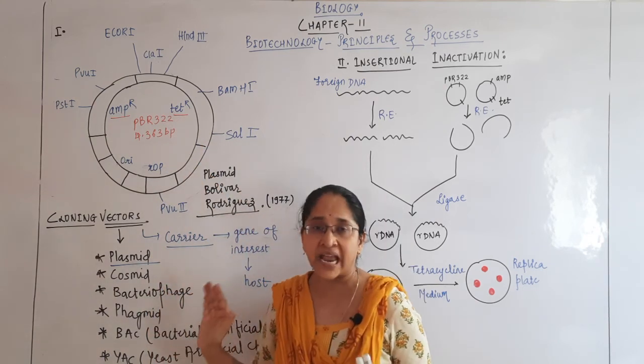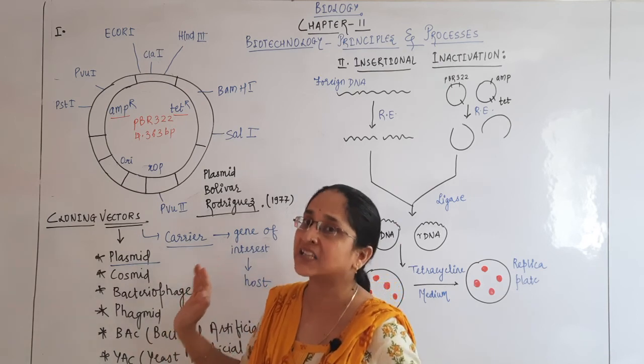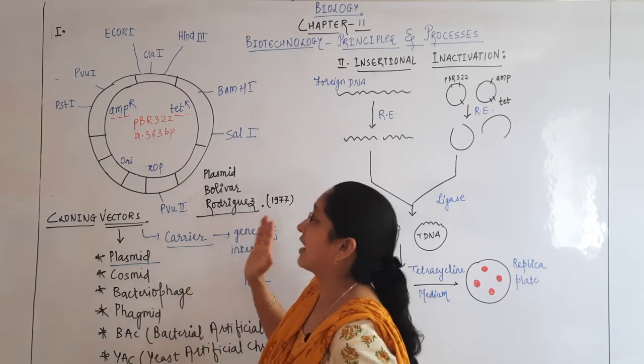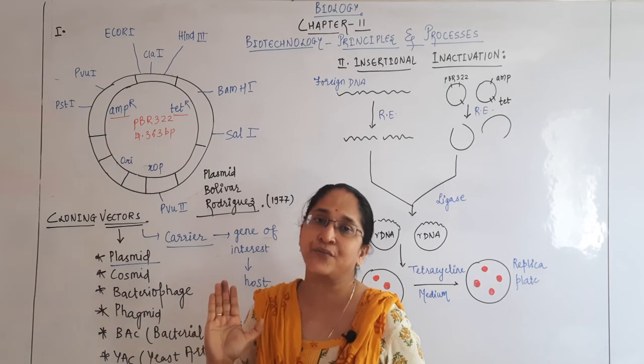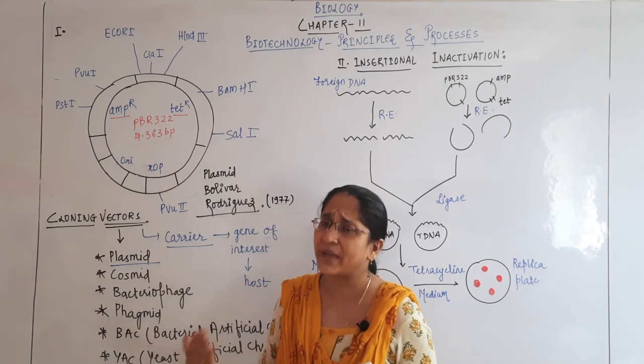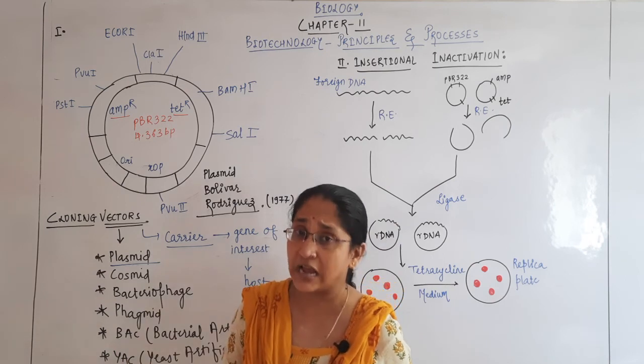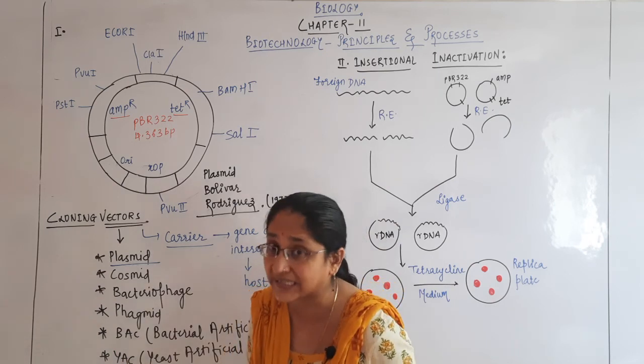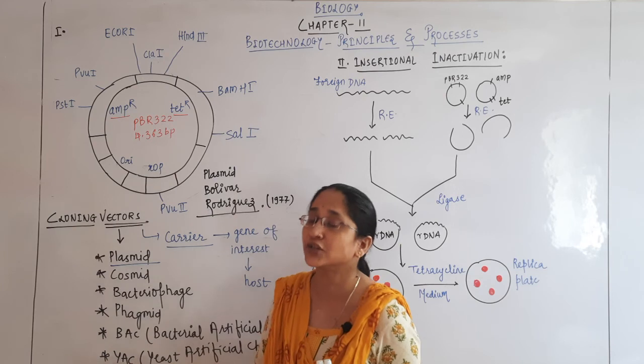So this bacterial plasmid, which has been artificially prepared by Bolivar and Rodriguez, is ampicillin resistant as well as tetracycline resistant. There are many antibiotics available like chloramphenicol, kanamycin, ampicillin, tetracycline, to name a few.